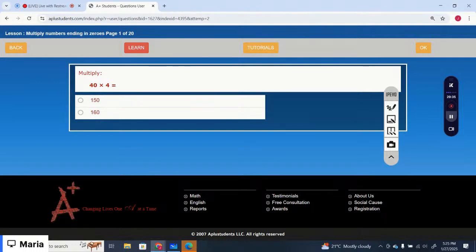That is 4 times 4 makes 16. You need to add the 0. So the option number 2 is the correct option. That makes 160.